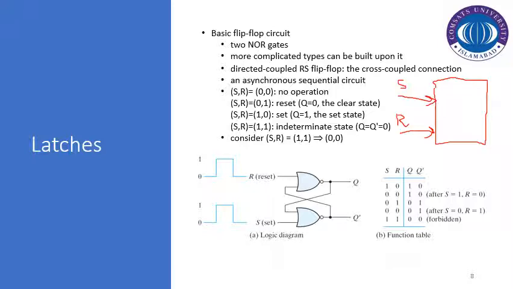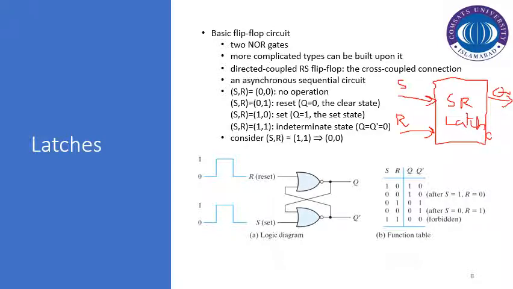We've got two dedicated outputs for the SR latch. That is Q, the primary output, and Q prime.